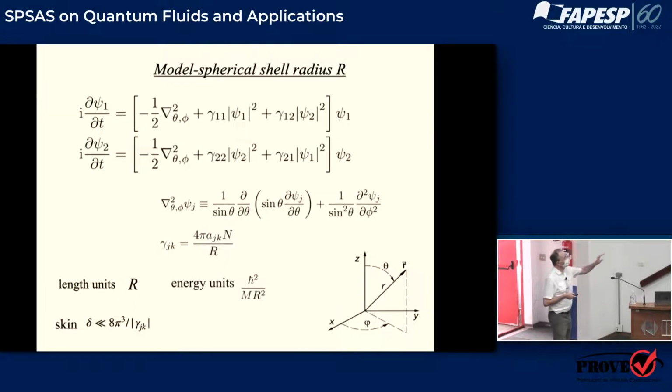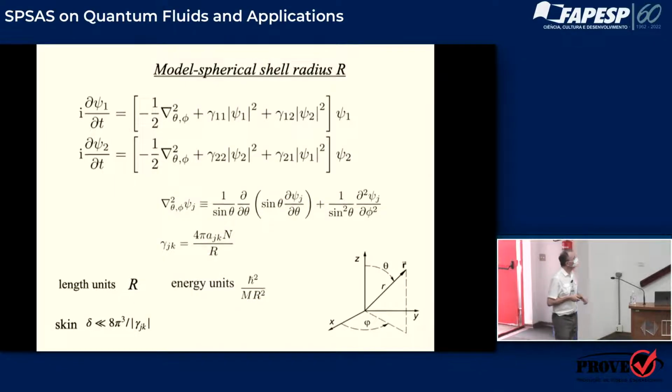We consider here the symmetric case, so the number of particles in both species is the same, and we consider that the species also have the same mass. It is more feasible in the case you have, for instance, rubidium atoms in two different hyperfine levels, since then it's equivalent to having two species.